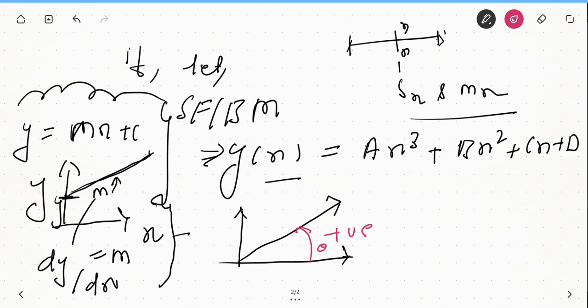Understood? Now, if you want to find the slope at this particular position, what you need to do is draw the y-axis and x-axis here, and from the x-axis measure slope in the anti-clockwise direction. This is the clockwise direction and this is the anti-clockwise direction.